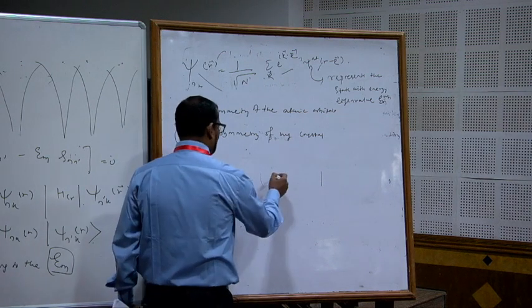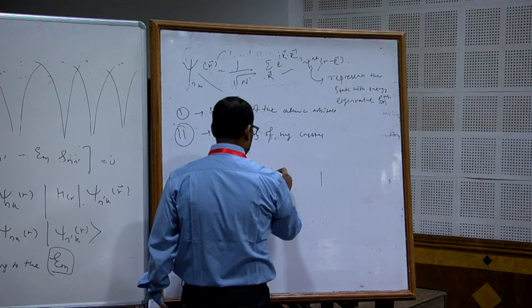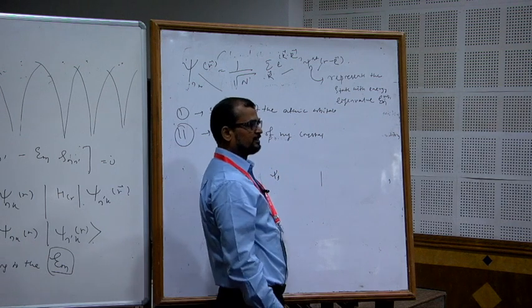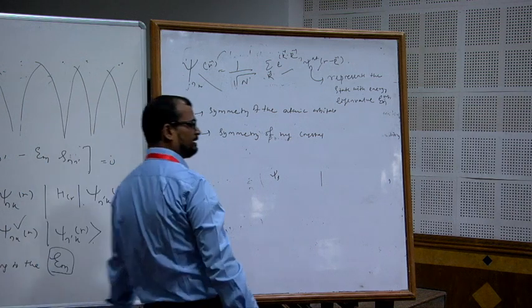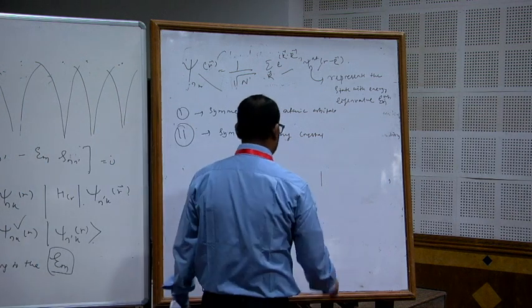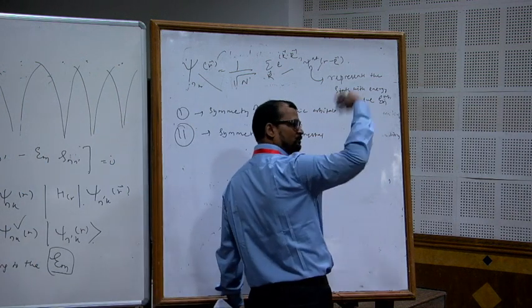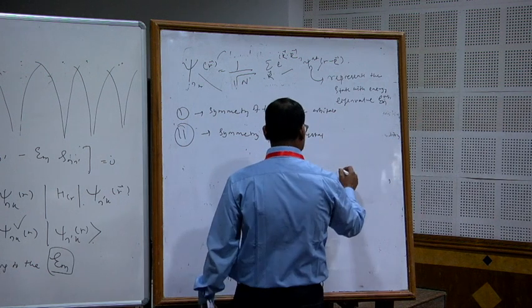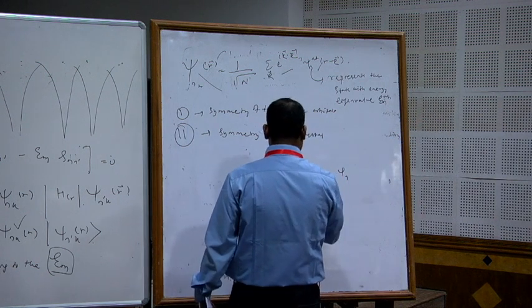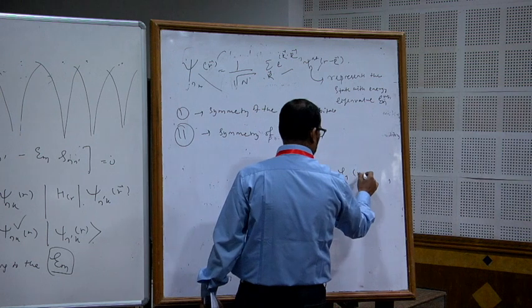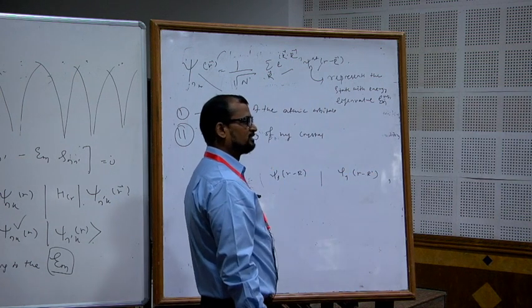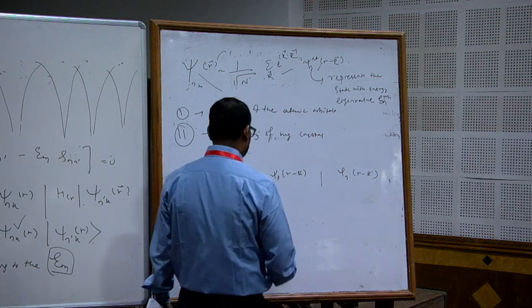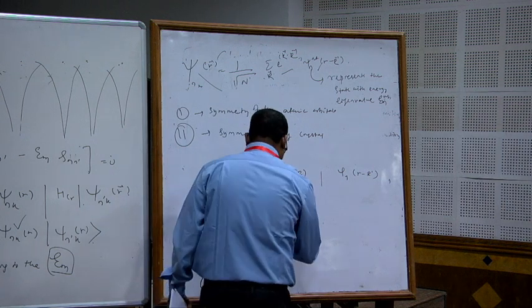If you have an s orbital, atomic-like, from where you have constituted your psi_nk(r), and another s orbital corresponding to the other atom, let's say psi_s of r minus R and r minus R', and you are examining their interaction, what you will see is the following.